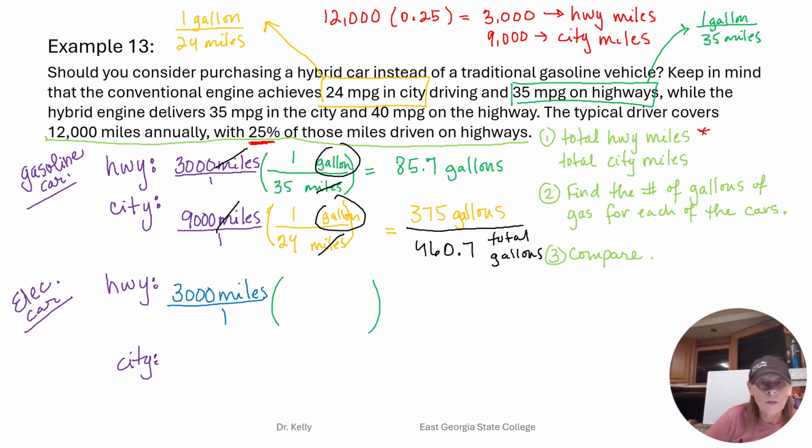And that is for the highway, it was 40 miles per gallon on the highway. So we're going to have to put miles on the bottom, gallons on the top. So that's 1 gallon is 40 miles. Let's make sure everything crosses out correctly. Left with gallons. So that's going to be 75 gallons.